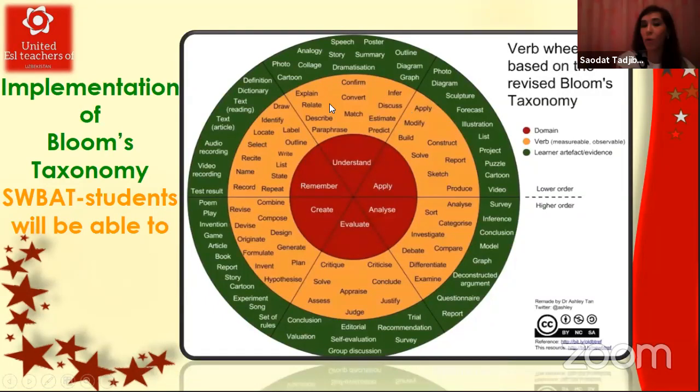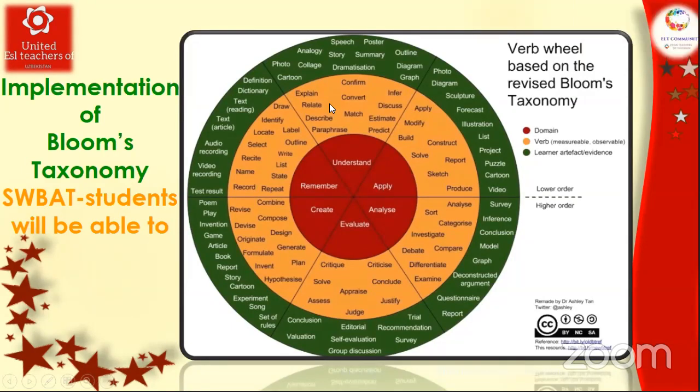Explain the story. Chosen already. Predict the story, maybe. Maybe we can take predict, for example, right?